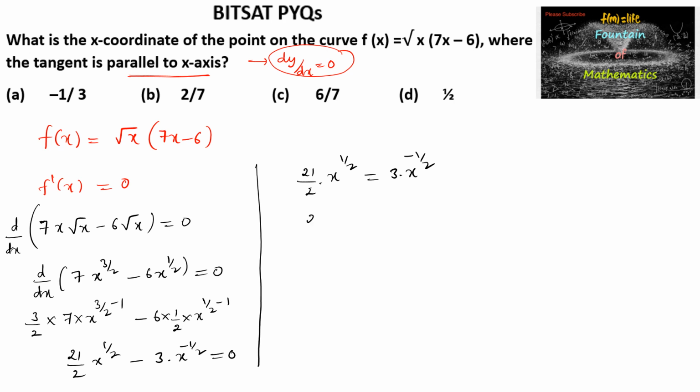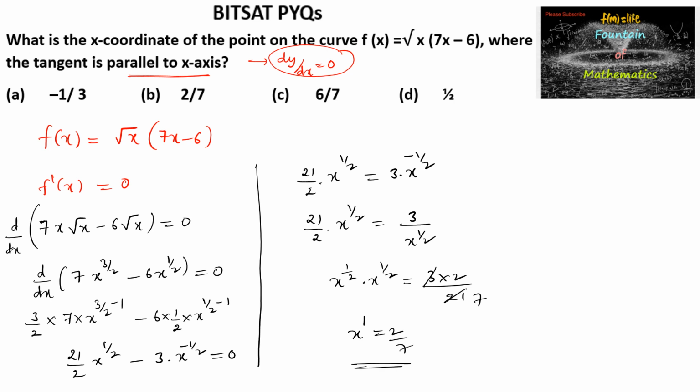So cross multiplication: 21 upon 2 x to the power of half is equal to 3 upon x to the power of half. So x power half into x power half is equal to 3 into 2 upon 21. So x to the power of half plus half, that is 1, is equal to 2 upon 7. So the x coordinate can be considered as 2 upon 7, which is option B, for which the tangent is parallel to x-axis.